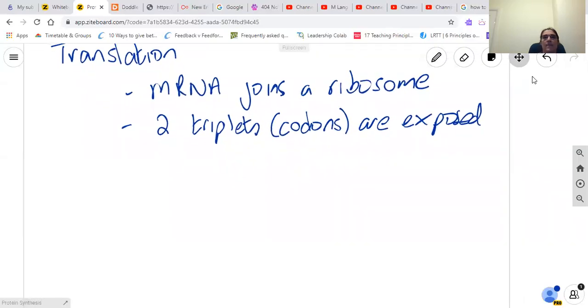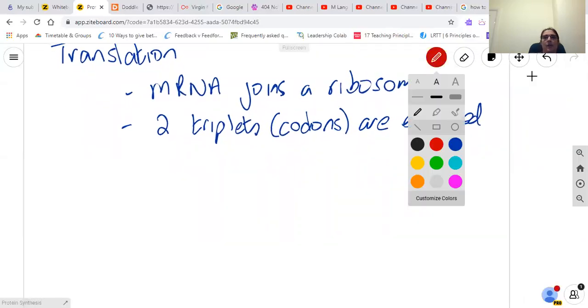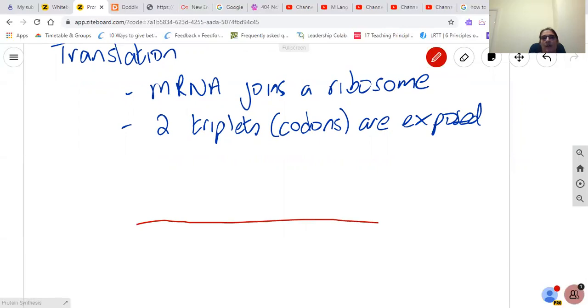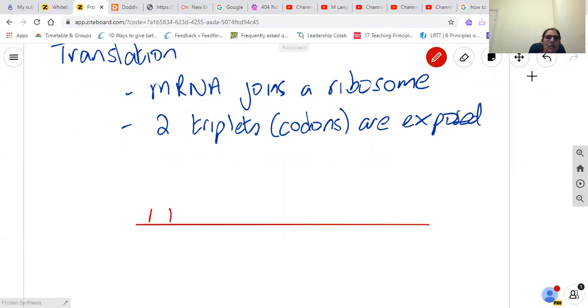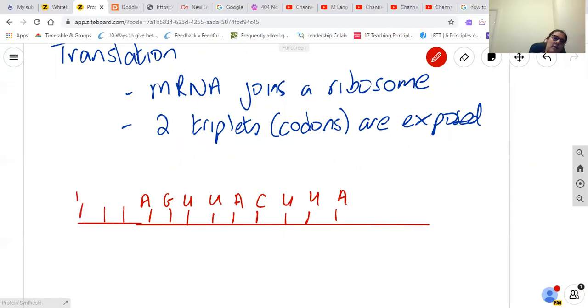Well, let's imagine a picture. We've got our messenger RNA over here. A, G, U, U, A, C, U, U, A. I'll put one at the beginning: A, U, G, because that's always the start codon.